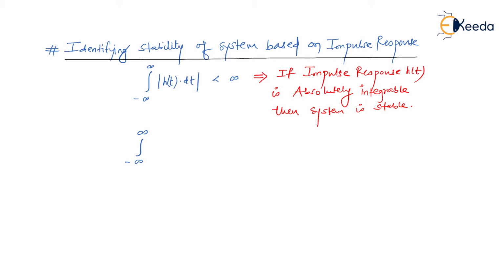For example, if I'm still talking about h of t, that is the impulse response, and I have to see whether a Laplace transform for the given h of t is possible or not, we used to write a condition like this: the integral of the magnitude of h of t times e to the power minus sigma t, dt, should be less than infinity. This was the condition for ROC.